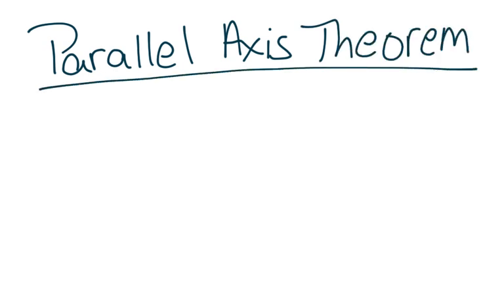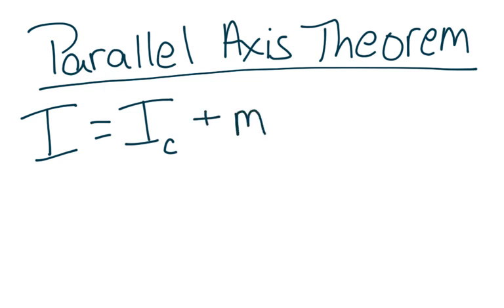The parallel axis theorem deals with when we move that axis of rotation. It says that the new rotational inertia is going to be equal to the rotational inertia around its center, which is where things will naturally rotate around, and that relates to their center of mass as well, by the way, plus the mass of that object times the distance you moved it from the center.